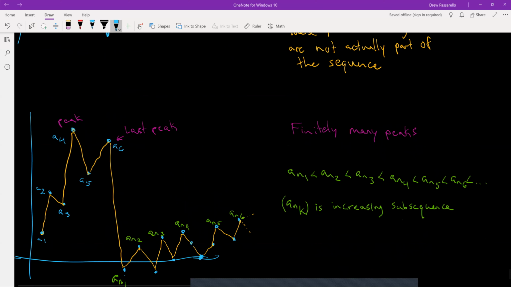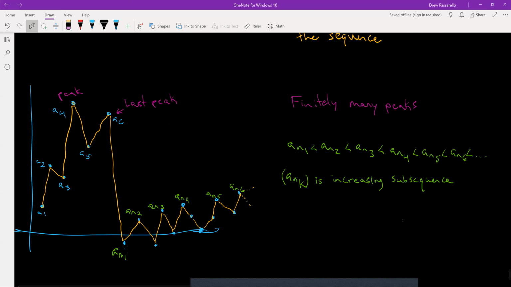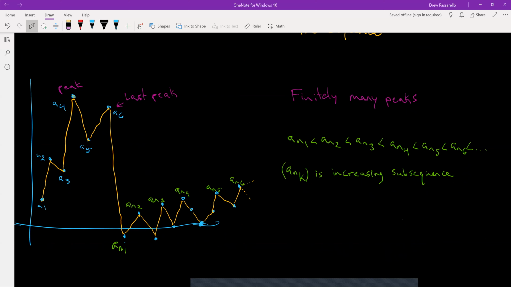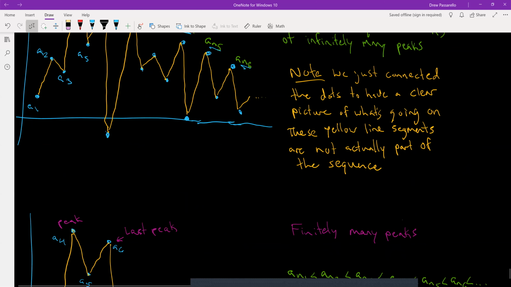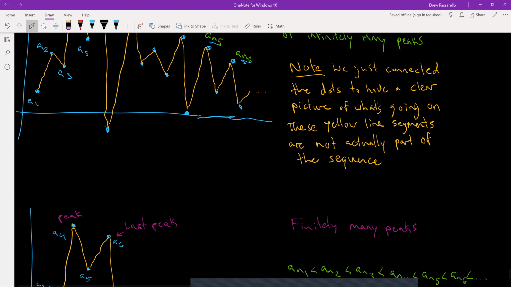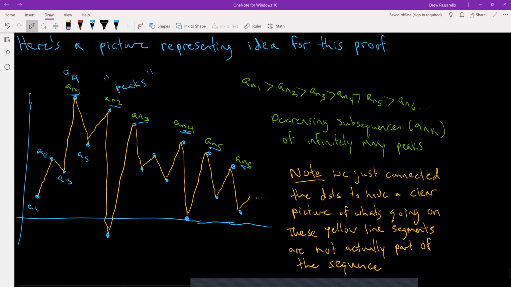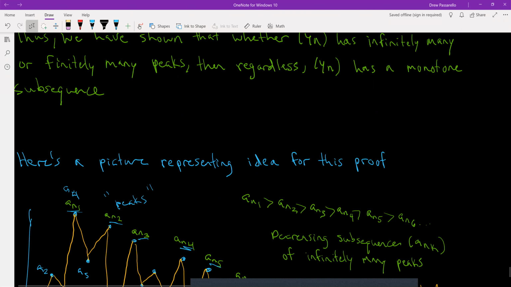In the other case, if there's finitely many peaks, then collect the terms of the sequence that come after this last peak, such that the subsequence is going to be an increasing subsequence. In either case, whether it's finitely many or infinitely many, we've produced a subsequence that's monotone. It's either monotone increasing or monotone decreasing. All right, so that's the idea.